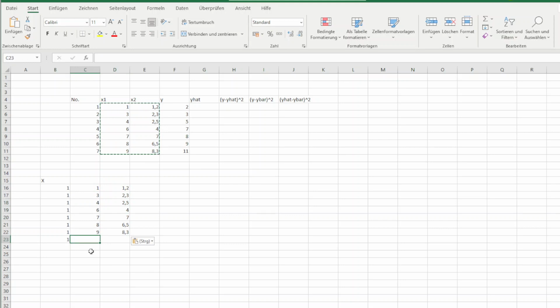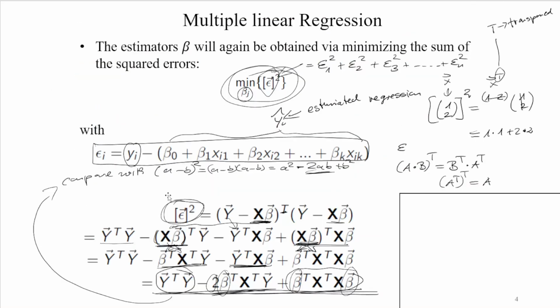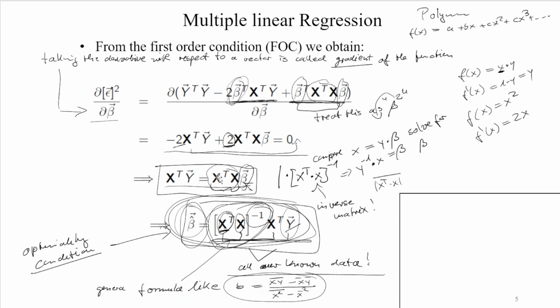Oh, this is 8. One too much. So the next one is, in order to obtain beta, let's maybe copy this also to our exercise.